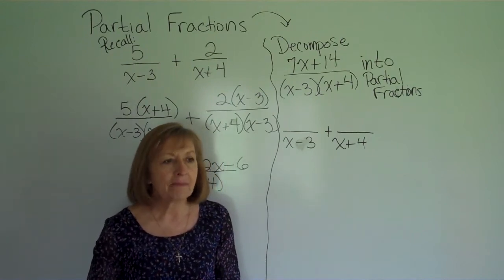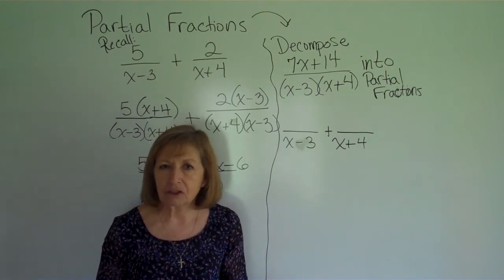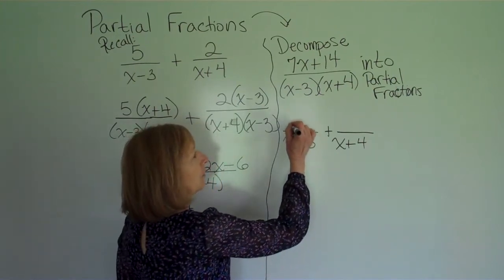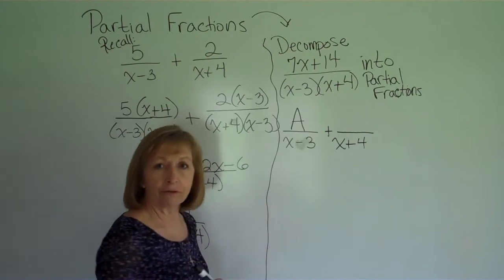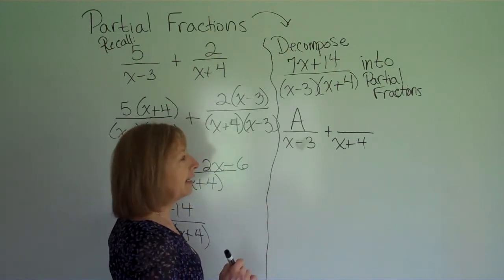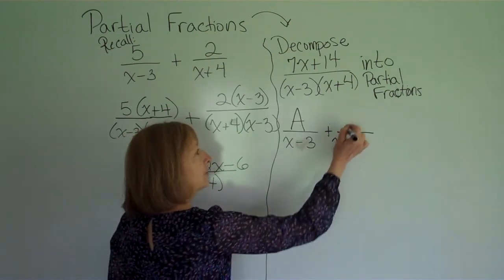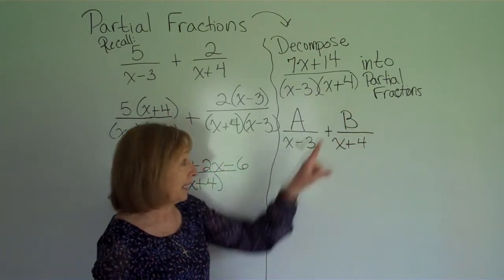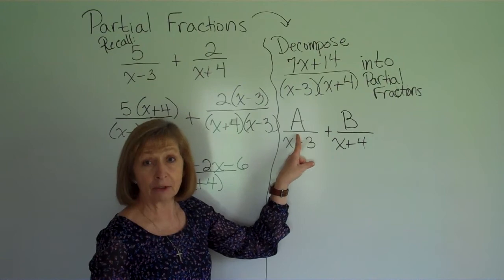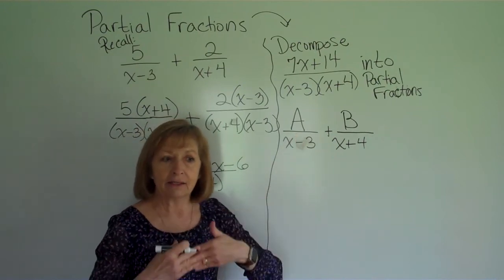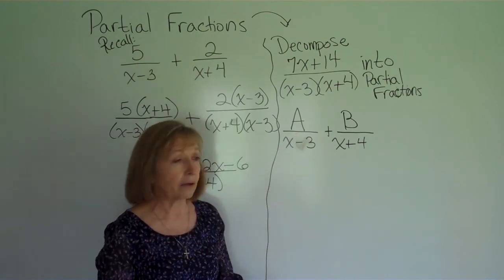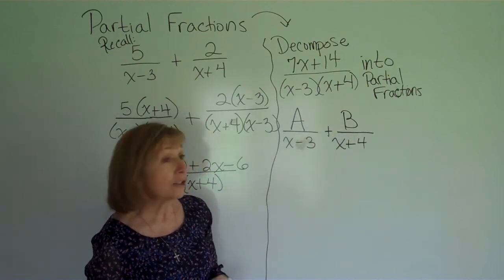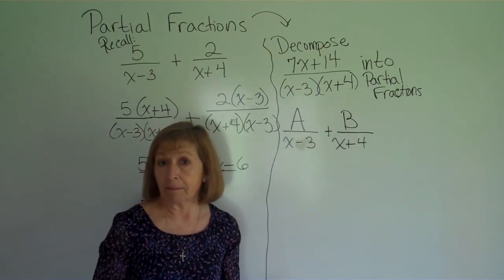I'm going to do them with capital letters to accentuate where my focus needs to be. So we're going to have a placeholder for the numerator of the first fraction, A, and after A comes B, so the placeholder in the numerator of the second fraction is B. Now since my denominator was first degree, the degree less than first degree is degree 0, so there are no x's next to these. Okay, so that's the setup of it.